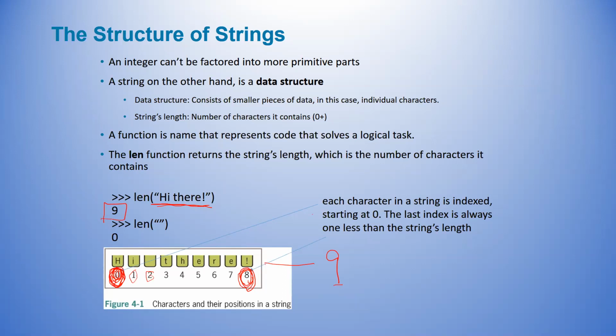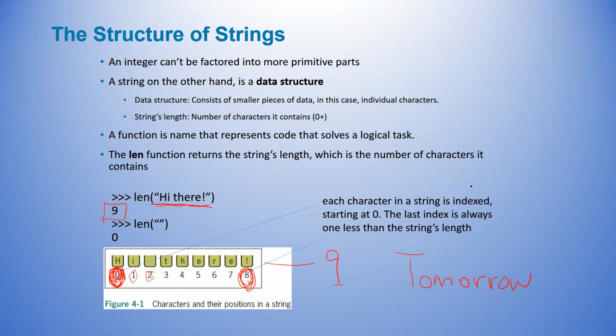So don't confuse the length with the position. The position always starts at 0. The length is the number of characters, okay? That's something you need to remember. So if I write something here, let's see, tomorrow. I like tomorrow because tomorrow is another day. I'm going to ask you, what's the length?